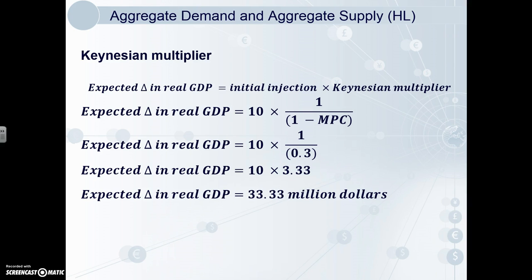Which gives us a total expected change in real GDP of $33.33 million. Again, always remember to write the units. If you aren't given the MPC, of course, you could use MPS, MPT, and MPM to arrive at the exact same answer.